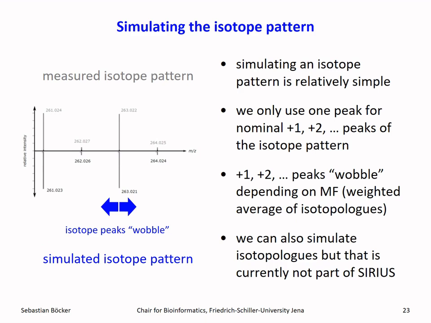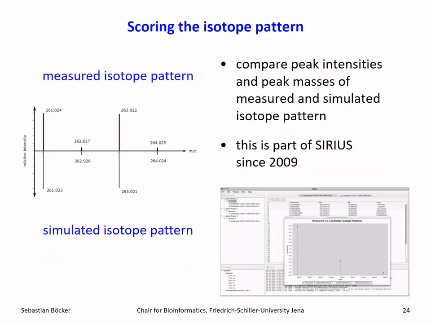Now, the funny thing is that you have to compare those two, and that seems like an easy problem, but it's not. We had two different approaches, or not we, I mean we as a field. And one was ours, which is implemented in SIRIUS since 2009. And then Tomasz Kluszkal instead suggested that we just look at the absolute differences and sum them up, which is somehow the easiest thing you can come up with.